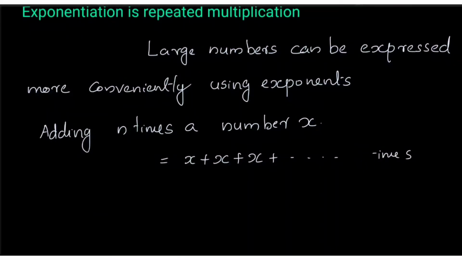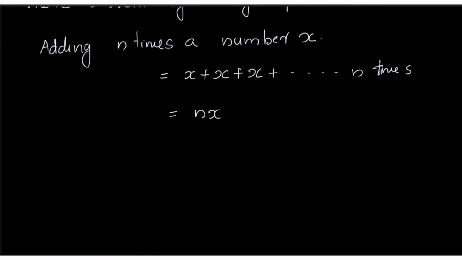Here, repeatedly adding a number n times is n into x. That is, x is multiplied with n. For adding a number n times, just multiply x with n.